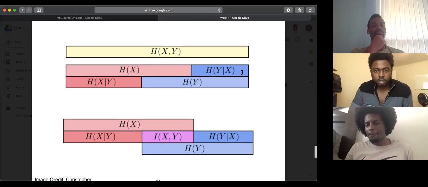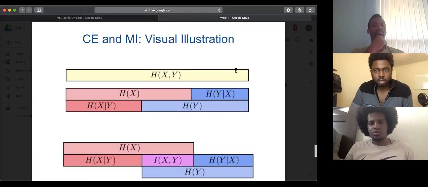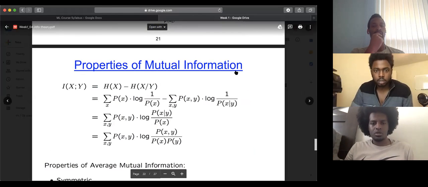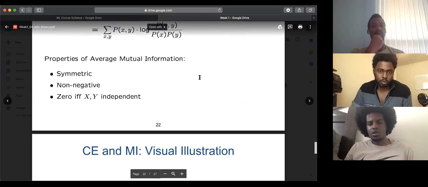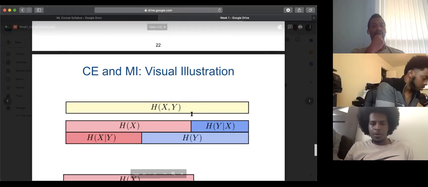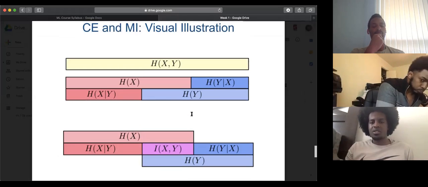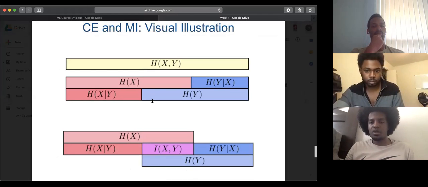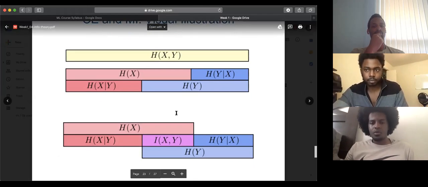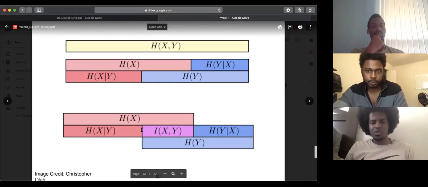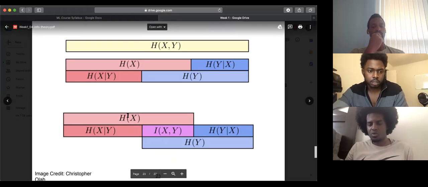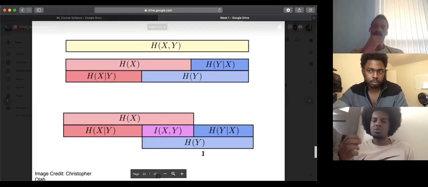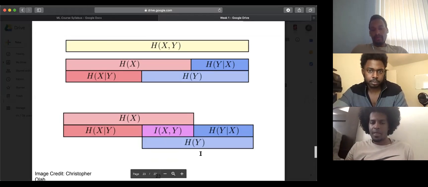Here it's x given y, and here it's showing y given x. But you know that's symmetric, so you could also do h of x given y and h of y. Here you can see where the mutual information is contained, as the overlap between the entropy of the individual independent variable x and the entropy of the individual independent variable y.